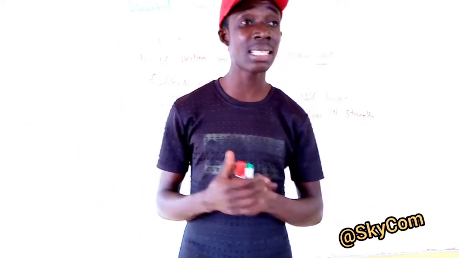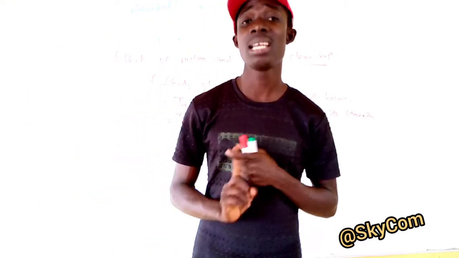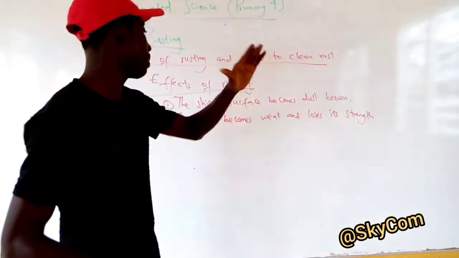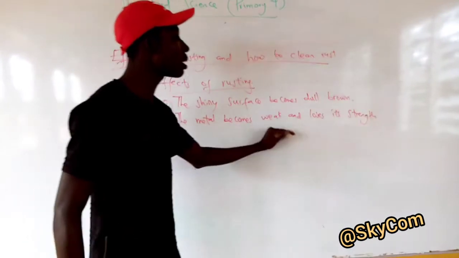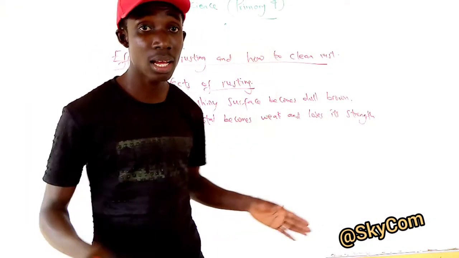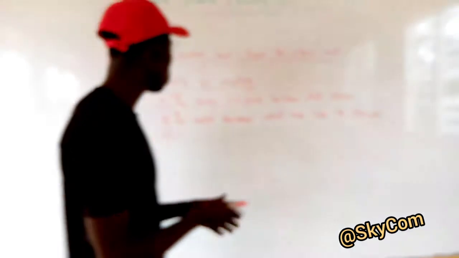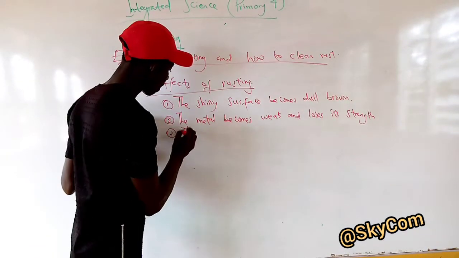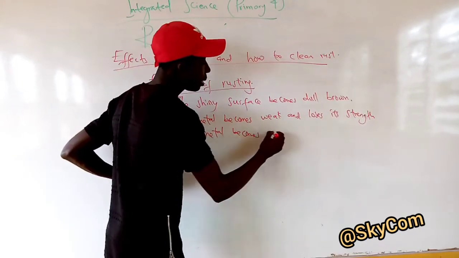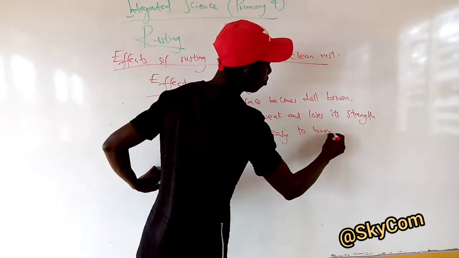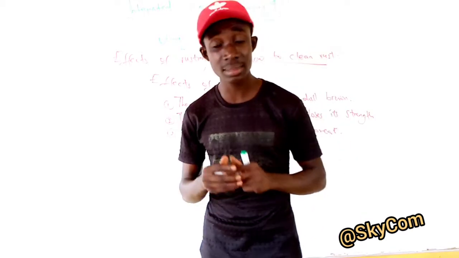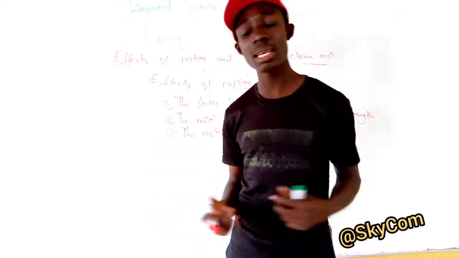We learned that one characteristic of all metals is that they are very strong and hard. As soon as the metal gets rusted, it becomes weak and the strength is lost, lost forever. Okay? The last one: the metal becomes easy to break. As soon as a metal gets rusted, it becomes easy to be broken.